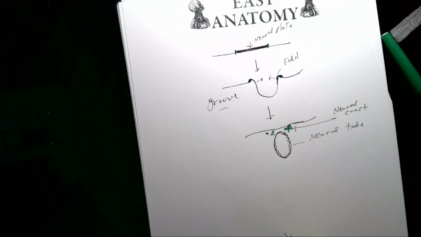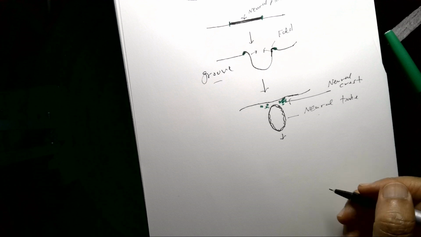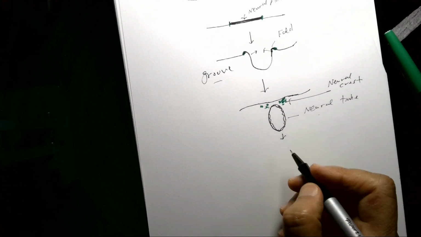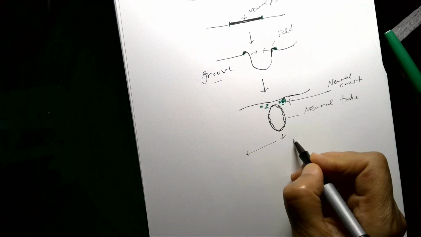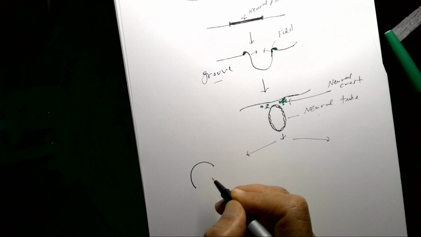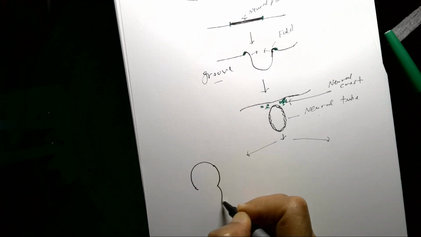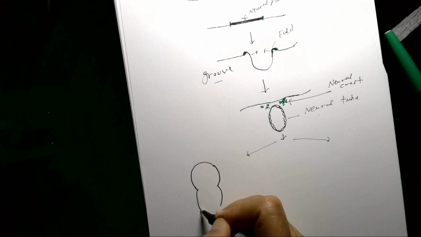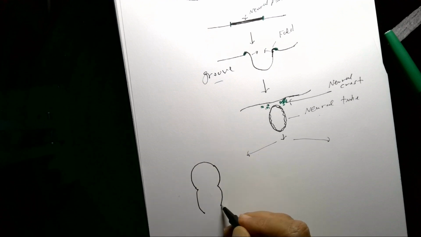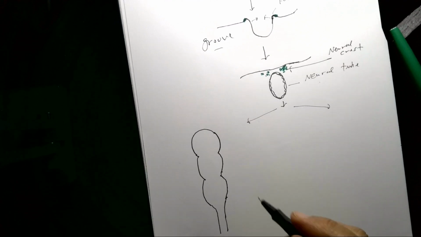Then the tube starts to elongate and changes shape, forming 3 vesicles. These vesicles: the cranial part is the forebrain, the middle part is the midbrain, then the caudal part forms the hindbrain, then the spinal cord goes down.